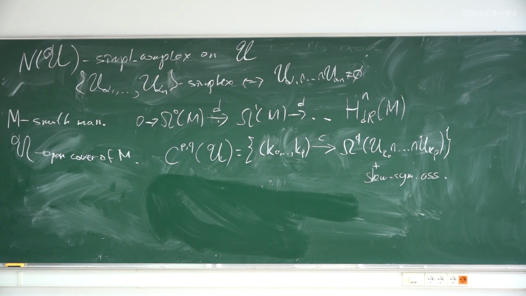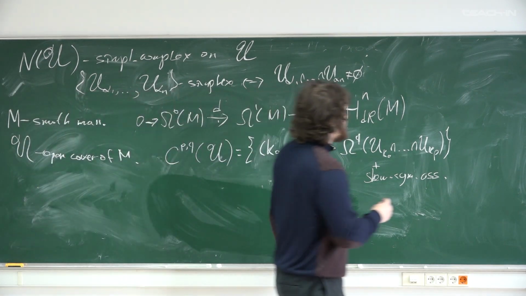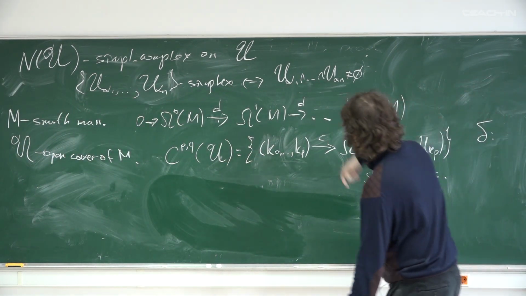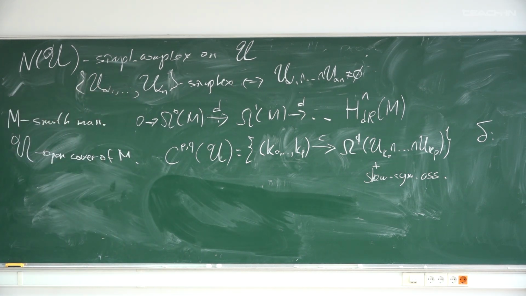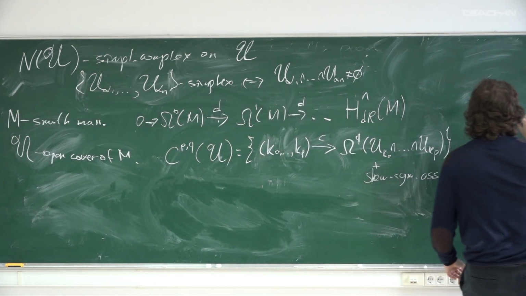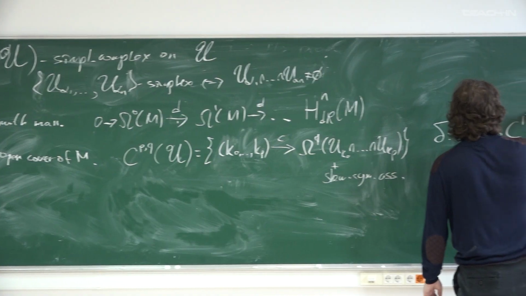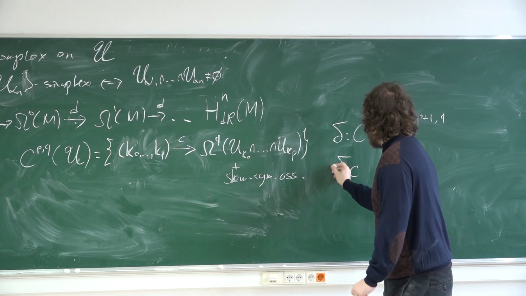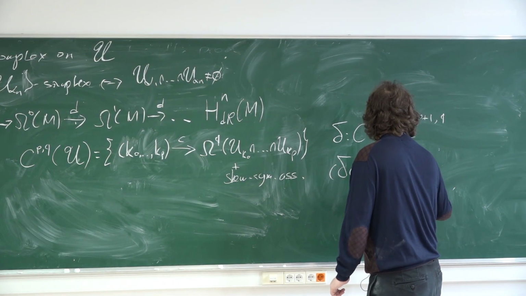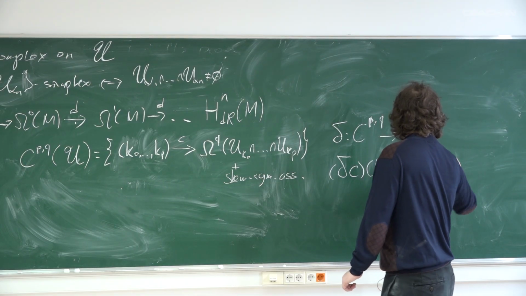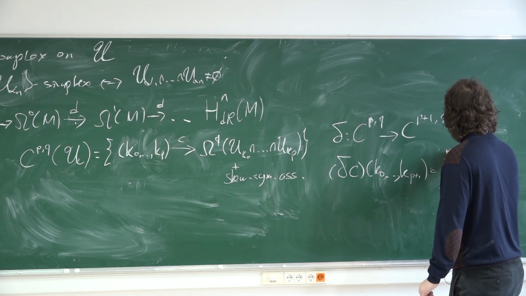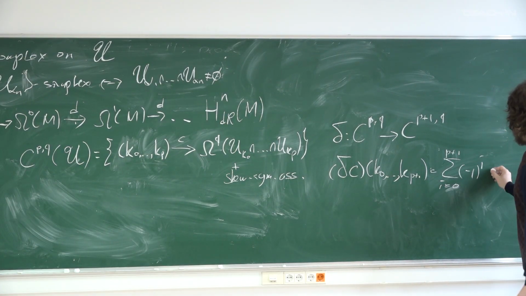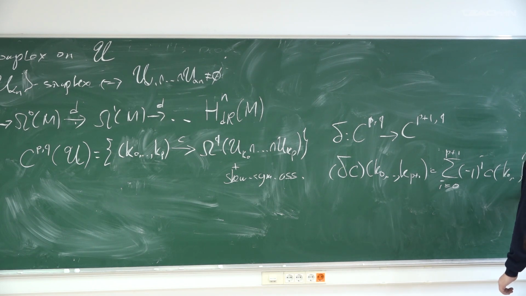I have the cochain simplicial differential here and the de Rham differential here, in two directions. It goes from C^{p,q} to C^{p+1,q}. If I have such a function C on some simplex of dimension p+1, it's the same formula: C on K_0 without K_i, up to K_{p+1}.